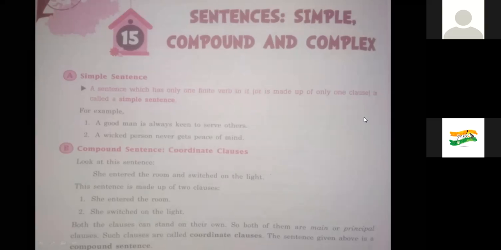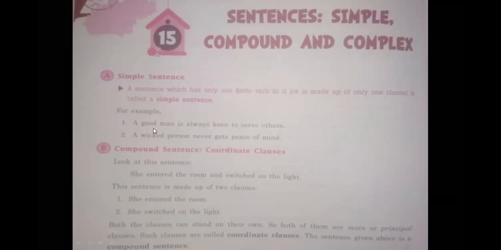See the example we have there: a good man is always keen to serve others. कि भी एक अच्छा इंसान वो होता है जो कि इंटरेस्टेड होता है दूसरों को सर्व करने में, सेवा करने में. So here is the finite verb which is dealt with by the subject.